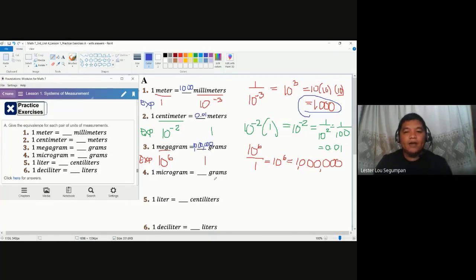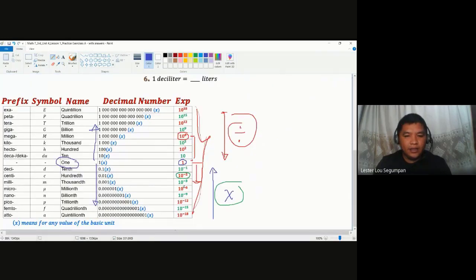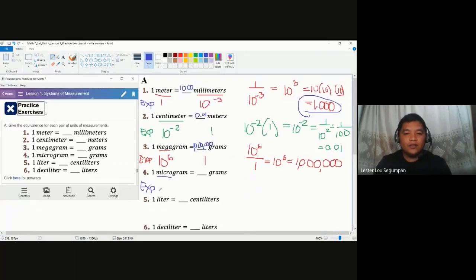But for micrograms to grams, again, the exponentiation of micro is here: 10 to the power of negative 6. And grams again without any prefix, so that's 1.